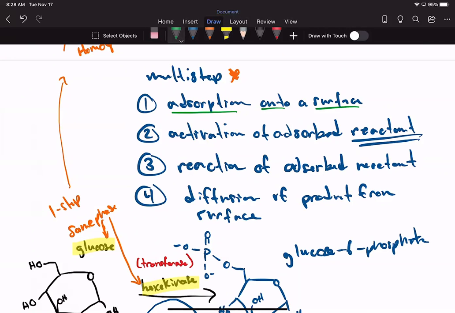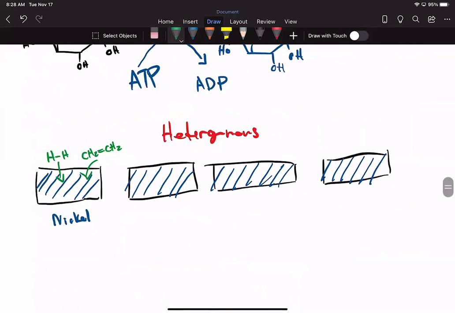There are electrons on the surface of this material. It's a metal, and there's electrons all over the metal that are attracting these reactants and pulling them to the surface where they lock onto the surface for a little bit.